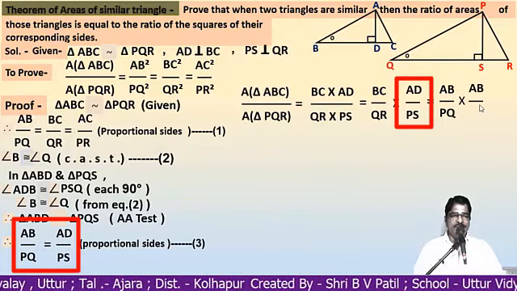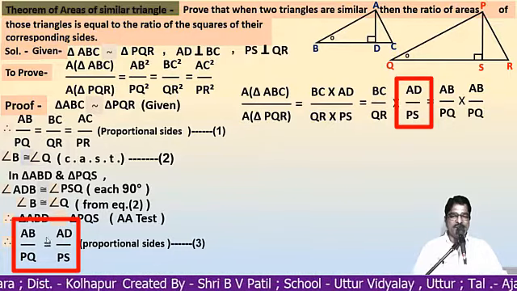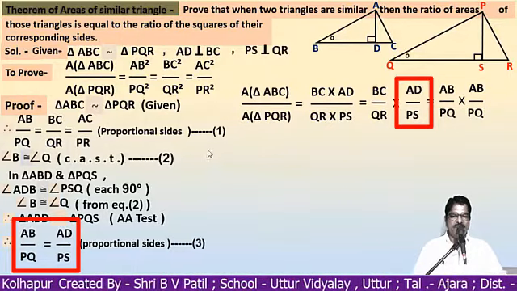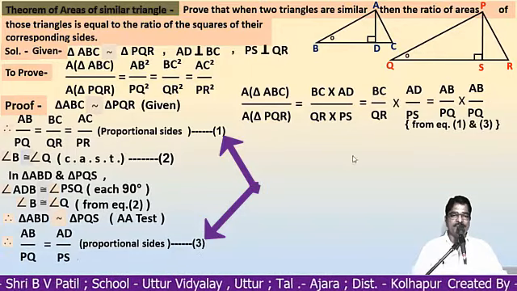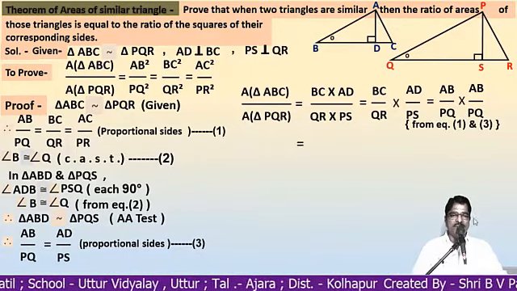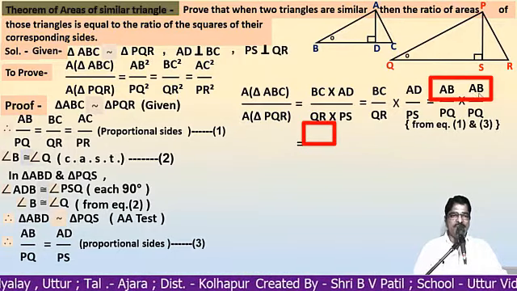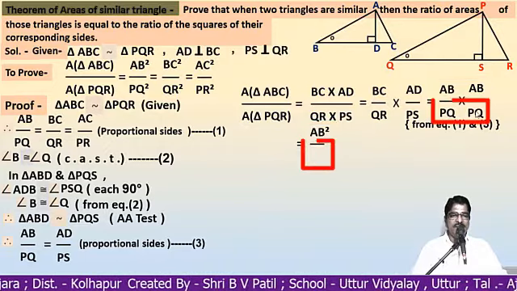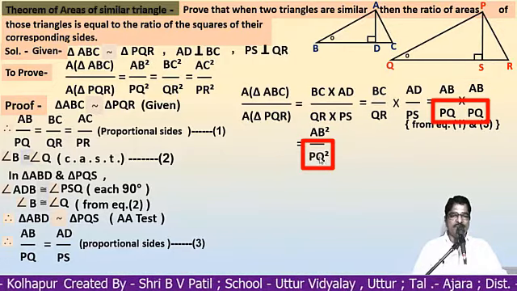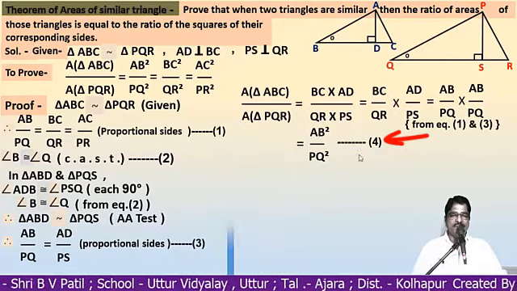Those values we write from equation 1 and 3 is equal to the next step, that is AB into AB is AB square divided by PQ into PQ is PQ square. Therefore, that is equation 4.